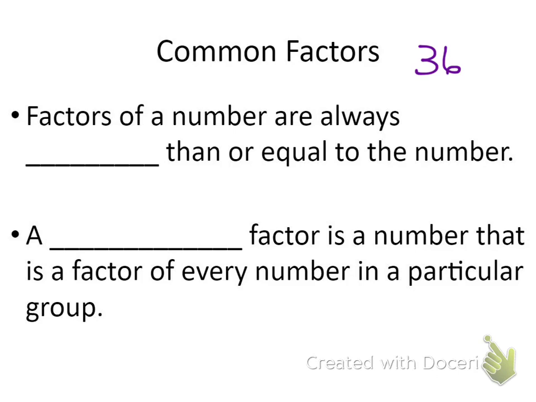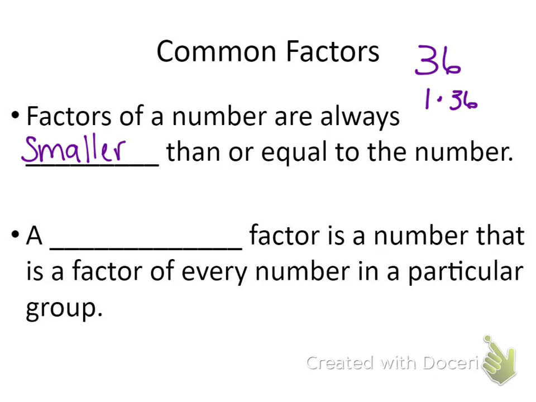Were any of the factor pairs larger than the number itself? No. So all the factors were always that number itself or smaller. So factors of a number are always smaller than or equal to the number.